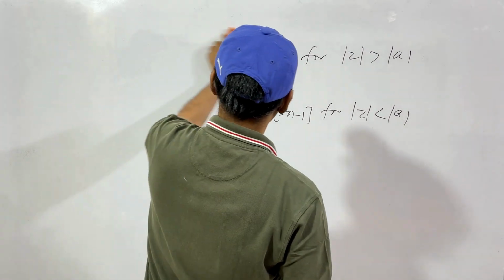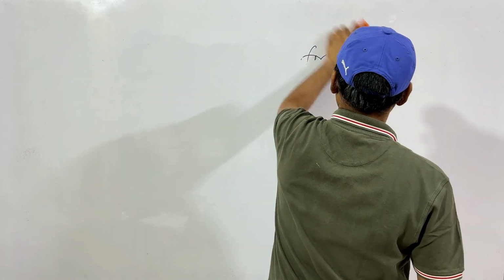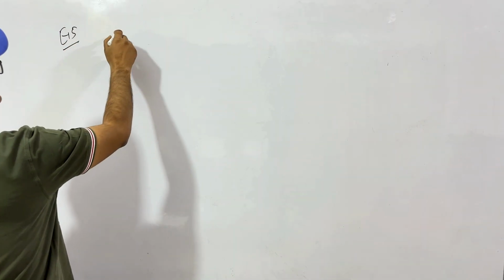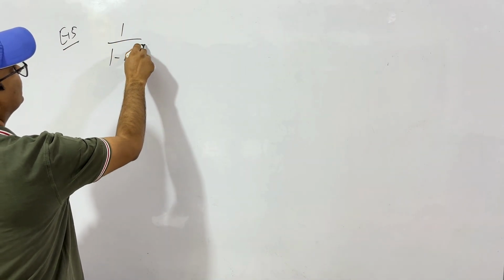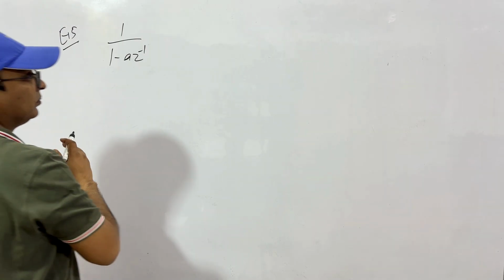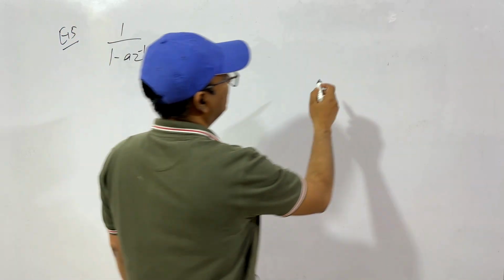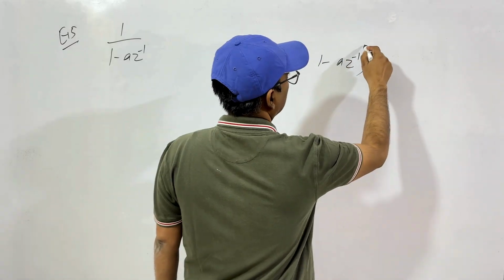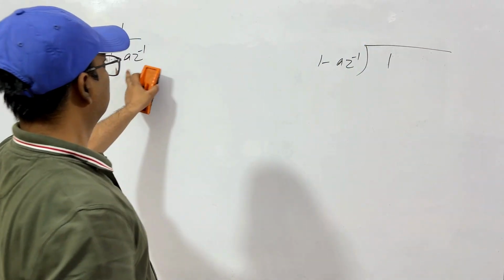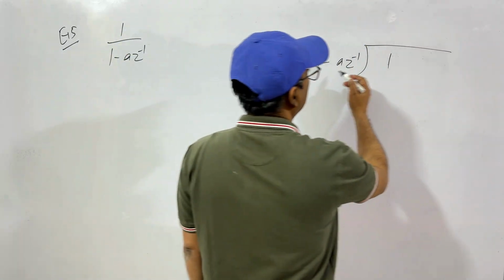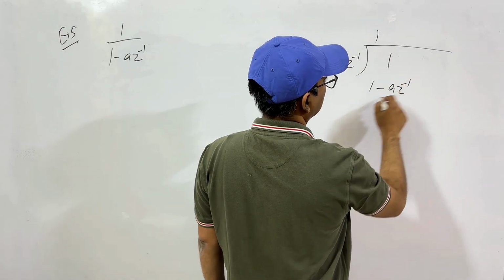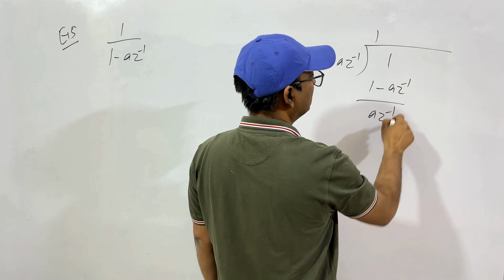How? See, fifth example, 1 by 1 minus a z inverse. So how do we expand in the power series method? By division. So this is 1 minus a z inverse divided into 1. What do we do? We multiply it by 1 and get 1 minus a z inverse. Subtracting, what you will get is a z inverse.